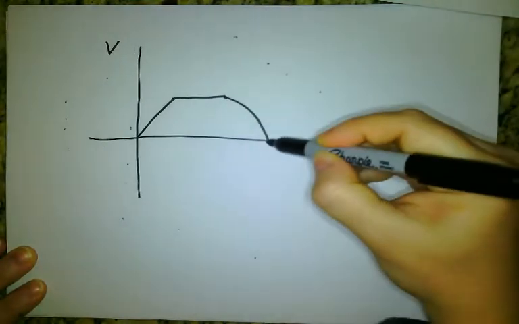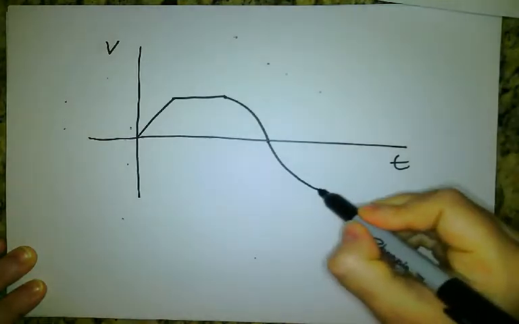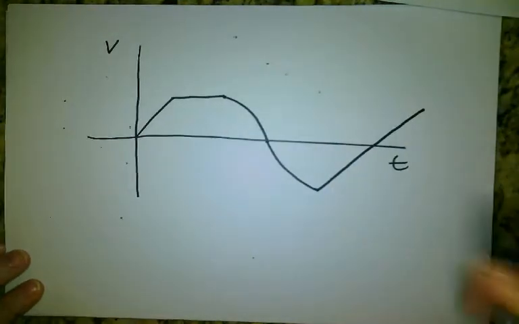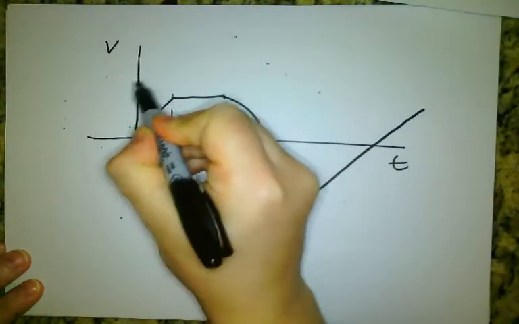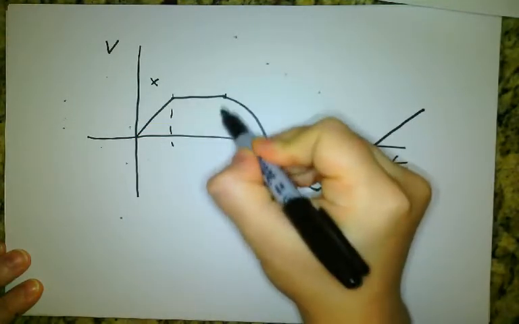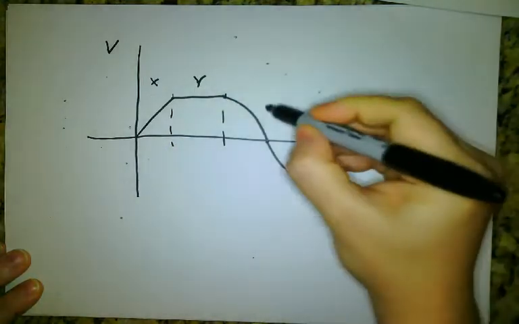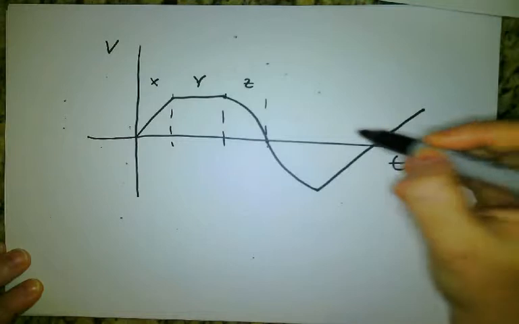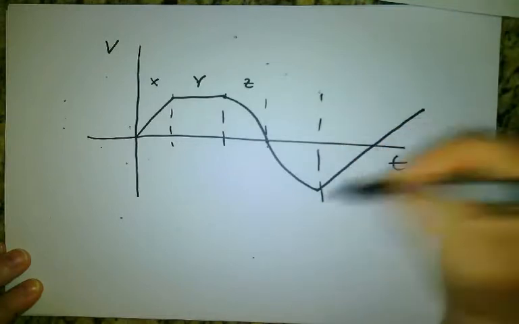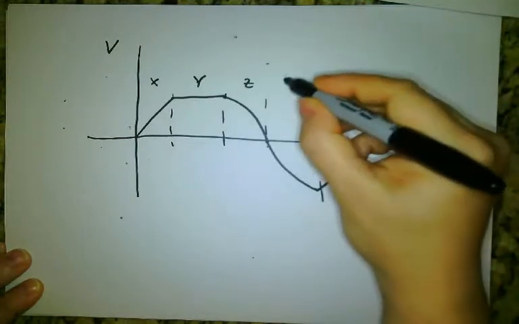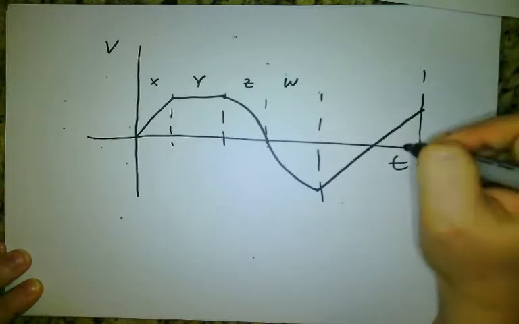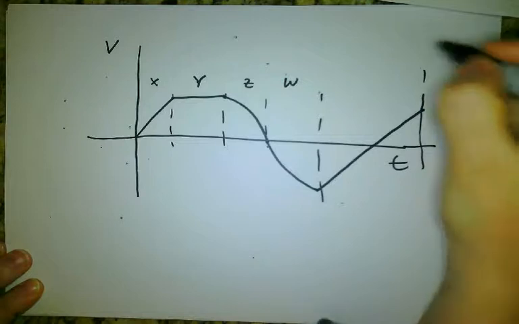So let's call this time interval x, y, we don't care how many seconds it really lasts, z, x, y, z. Let's put w here, we missed him somehow. And let's talk about this section of the graph and call him, I don't know, b? Sure. Circle back, wrap around to the starting letters.